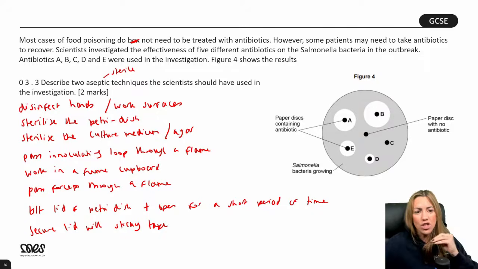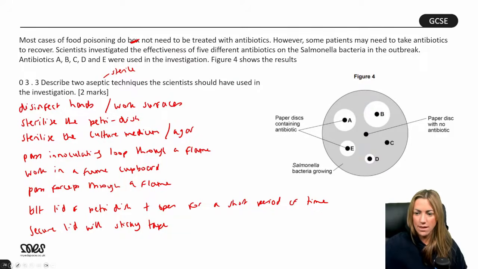What we can't just say is clean the surfaces, wash the surfaces, wash our hands. That's not specific enough, okay? Sterilizing or disinfecting the surfaces, sterilizing or disinfecting our hands would be okay, but just washing or cleaning is too vague, okay? Sterilize, disinfect. That's the words we need to be using.